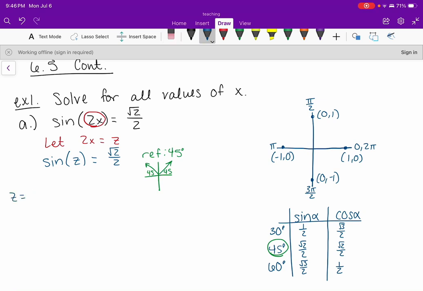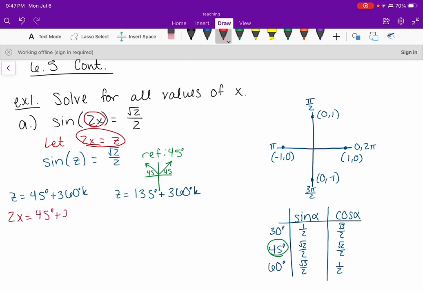So I have z equals 45 degrees plus 360k. And then I have z equals 135 degrees for quadrant 2. And we'll still have our 360k. Now I'll replace back in this 2x instead of z. So I'll have 2x equals 45 degrees plus 360k, and 2x equals 135 degrees plus 360k.